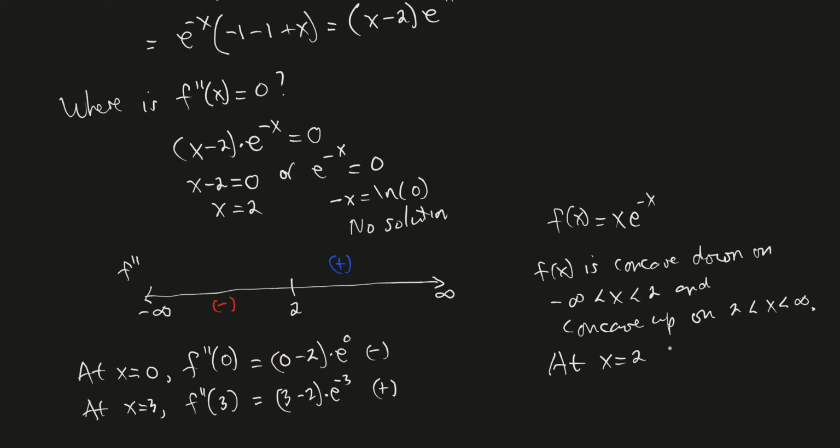So at x equals 2, again, this function has an inflection point. Right? So there we've used our second derivative to determine the intervals of concavity and determine where the function has an inflection point. Right? So yet another important property that can be analyzed using the derivative.